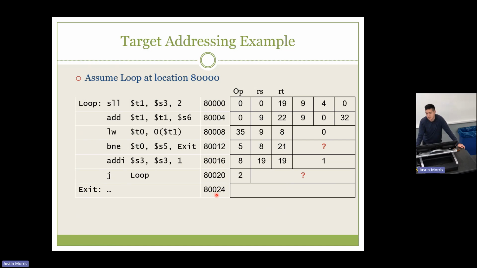But I need to divide 8 by 4 before I put it into this field, because it will be multiplied by 4. So really what you can think of this as is if I'm going forward, I'm going to increment PC by 1 instruction here, and then I just need to go 1, 2 more instructions down. So the immediate should be a 2.